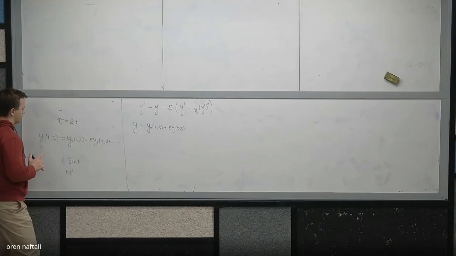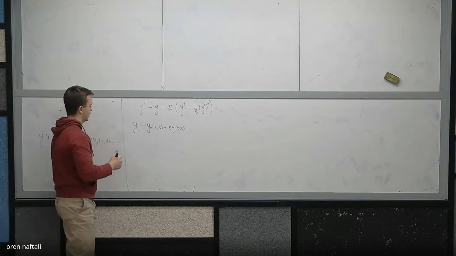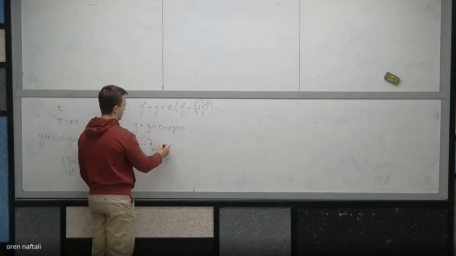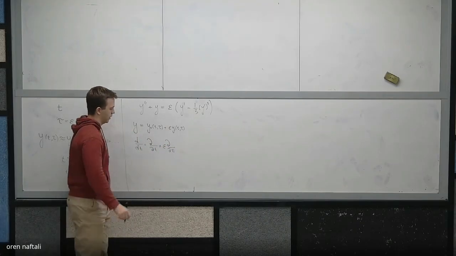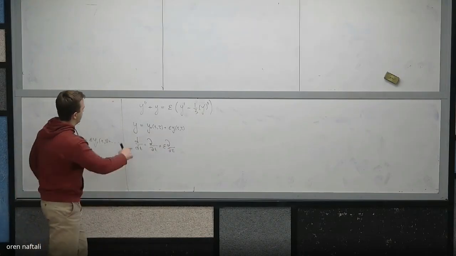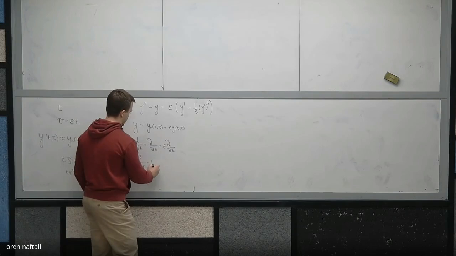Now, because we have two variables, we need to define the derivative with respect to t differently. So our derivative with respect to t is the partial derivative with respect to t plus epsilon times the partial derivative with respect to tau. Therefore the second derivative is just the square of this.